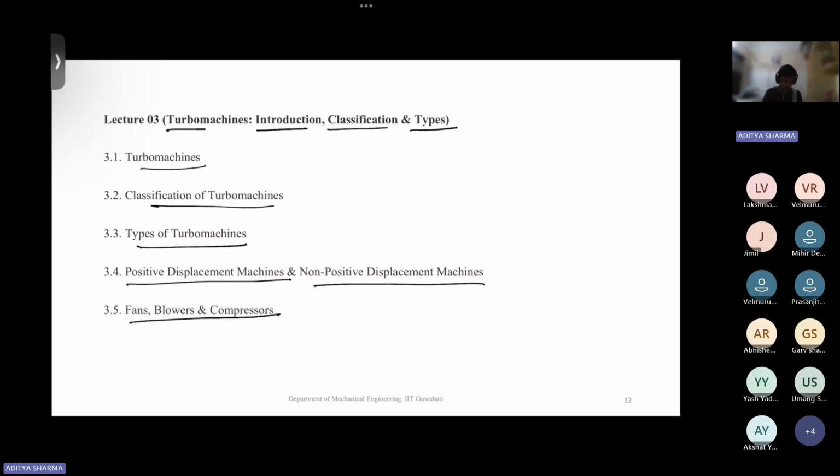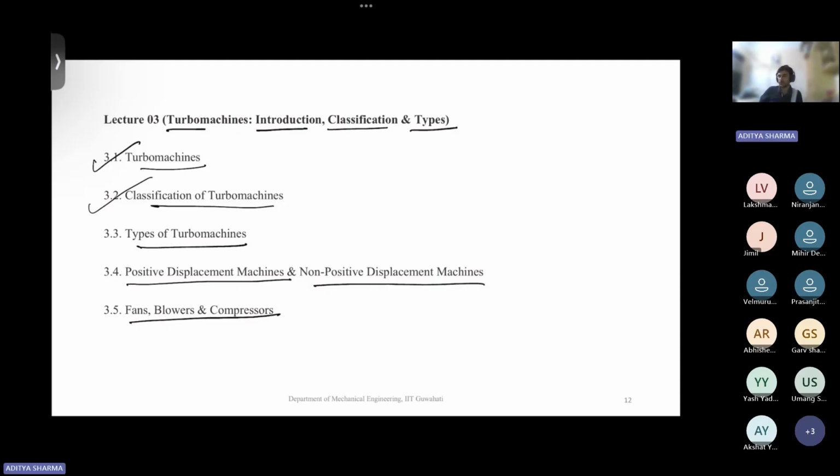So what are turbo machines? Turbo basically refers to something rotating. If you see the etymology of the term turbo, it is linked to rotation. So that basically is your turbo machines. All right, then classification of turbo machines.